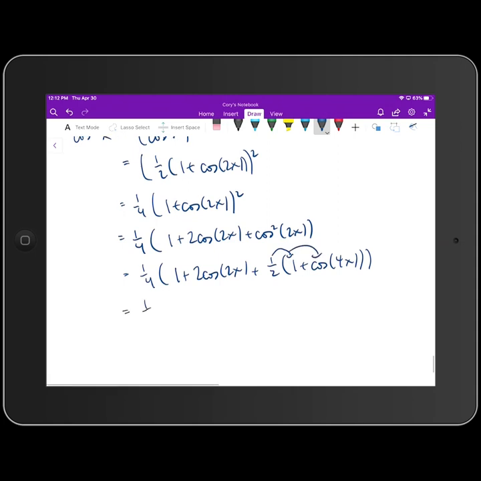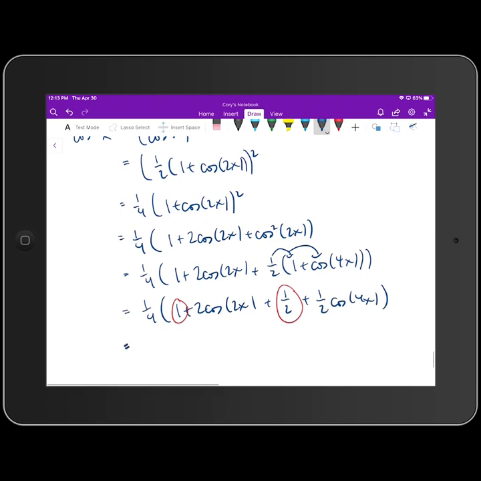So we get 1/4 times 1 plus 2 times the cosine of 2x plus 1/2 plus 1/2 times the cosine of 4x. We're going to combine the constant terms again. I'm going to skip this intermediate step. So 1 plus 1/2 is 3/2, and then I'm going to distribute 1/4 across everything.